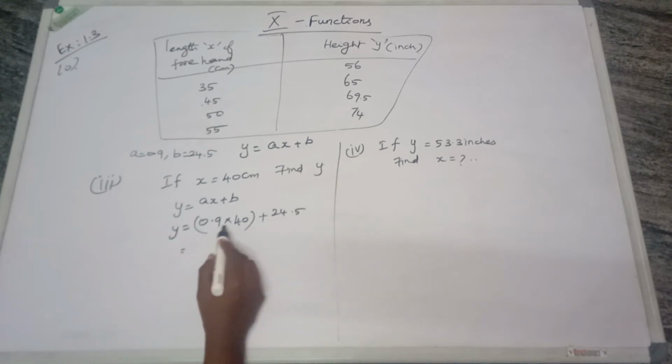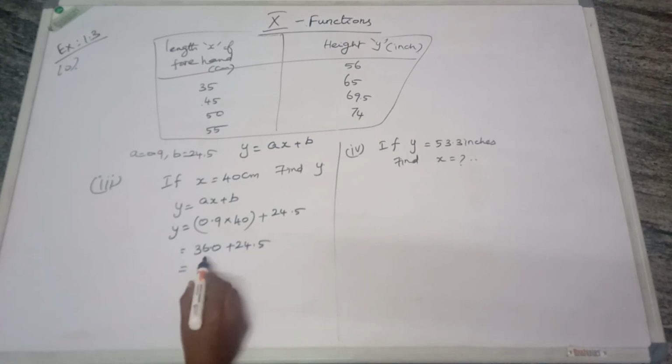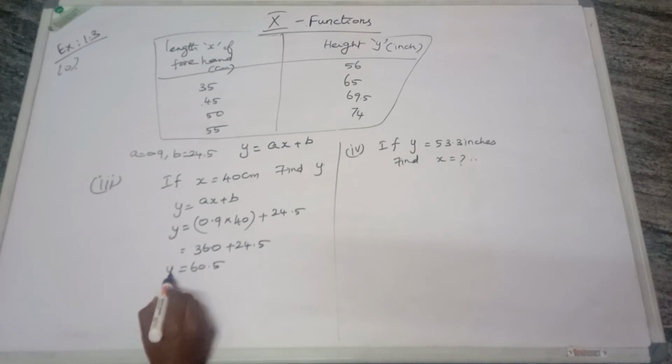Now here 9 4s are 36. Here you have to add one 0. Then you have to put a decimal point after one digit. So it is nothing but 36 plus 24.5. So see here, 36, here 30 plus 20 is 50, 6 plus 4 is 10. So 60.5 is nothing but y.